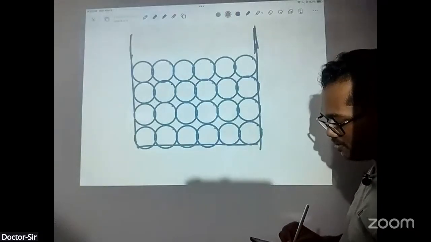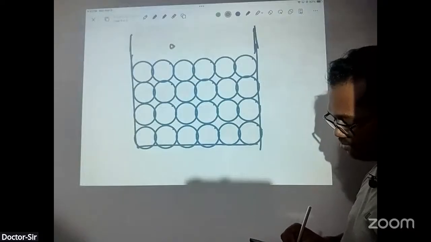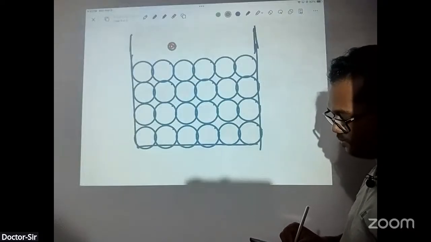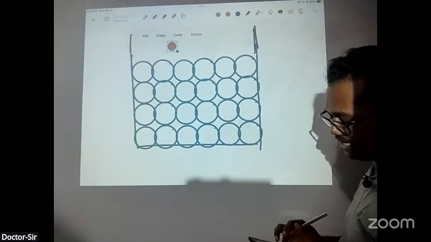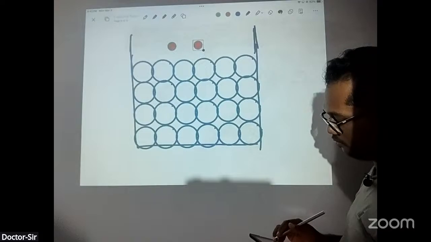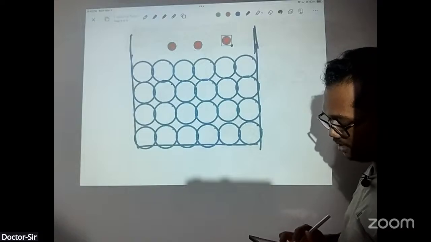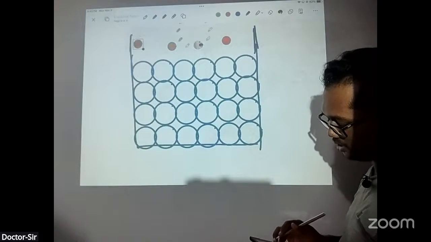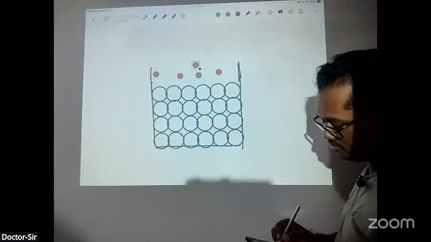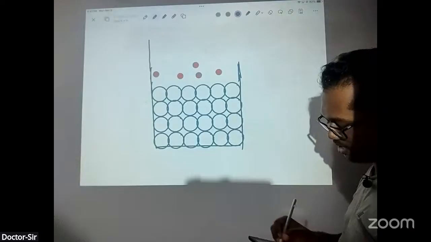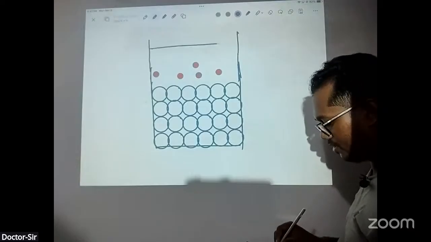Okay. The gas molecules, I make them small and red. These are the gas molecules. Okay. Right. I have several gas molecules as well. Okay. Right. Now what happens if you apply high pressure here? Okay. So I will apply a chain, and to this chain I will attach a crystal.